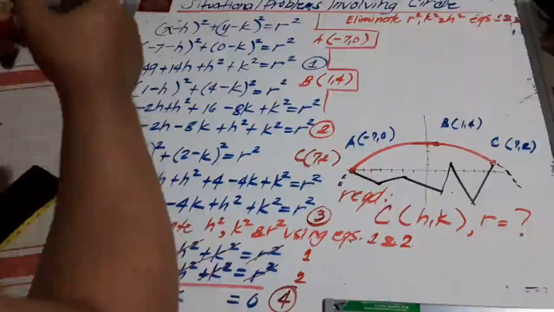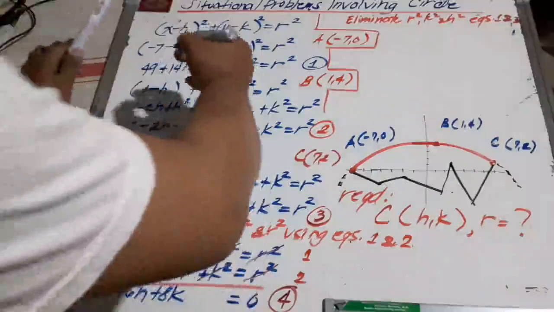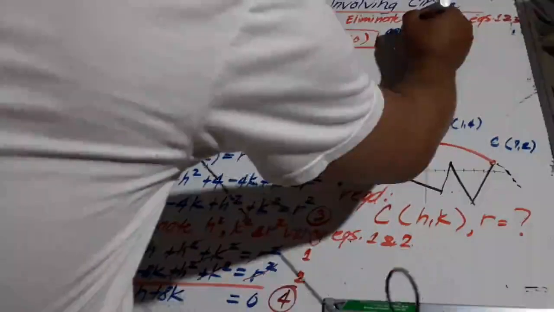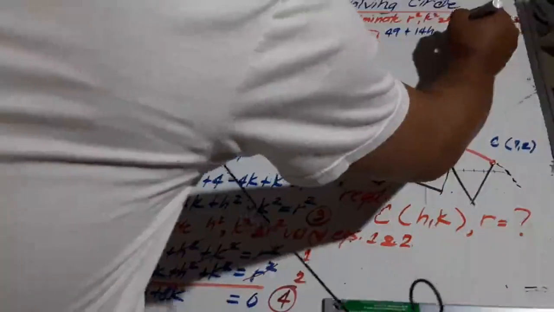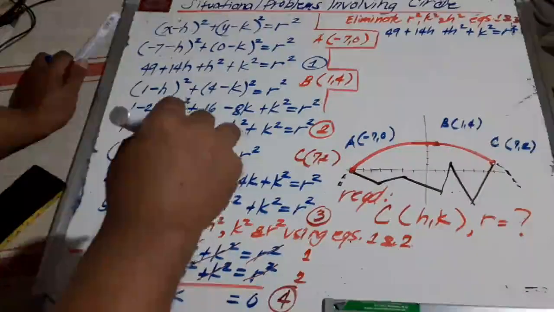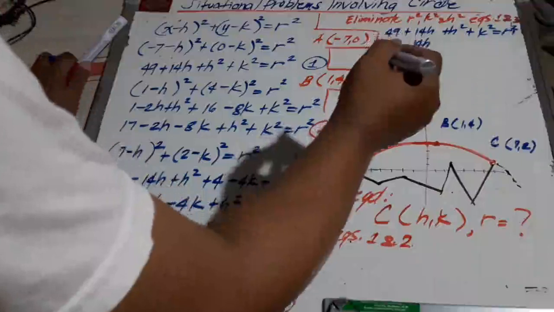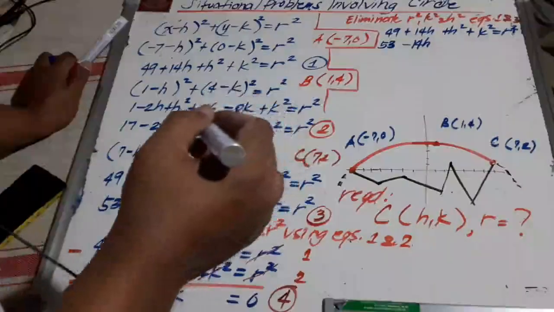Yung 1 and 3 natin, we have 49 plus 14h plus h squared plus k squared equals r squared. And then equation 3 is 53 minus 14h minus 4k plus h squared plus k squared equals r squared.